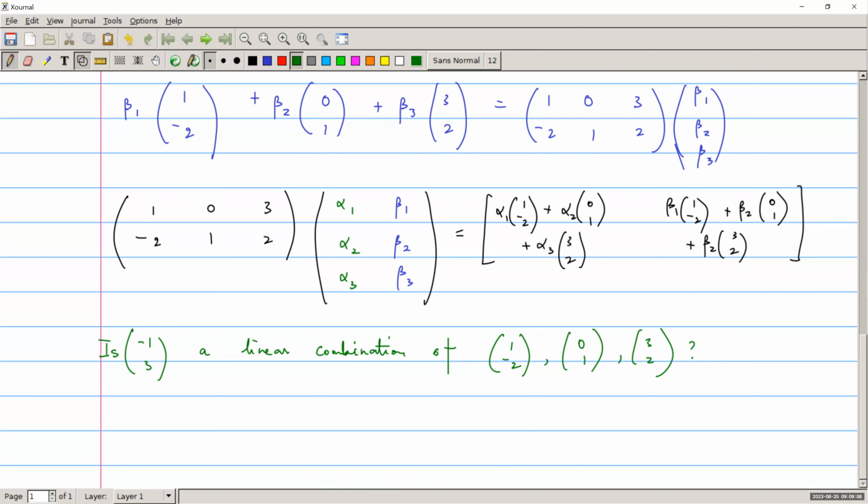Any linear combination of these three vectors, I'm skipping a step and just writing the matrix multiplication.